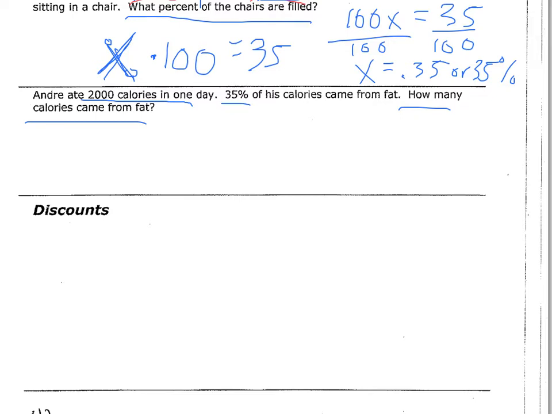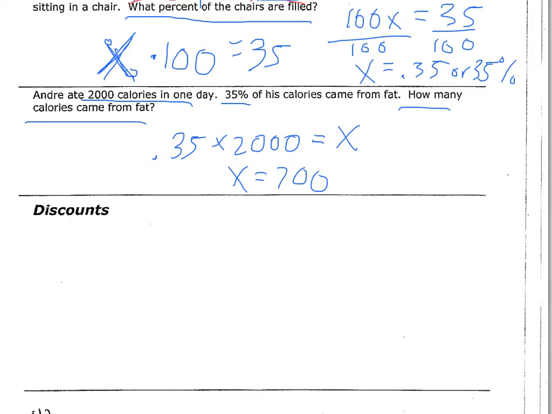So we got 0.35 times 2,000 equals our unknown. Okay? So if we go ahead and multiply those two numbers, 0.35 times 2,000, that gives us that x equals 700.